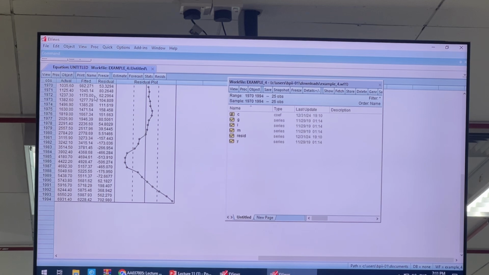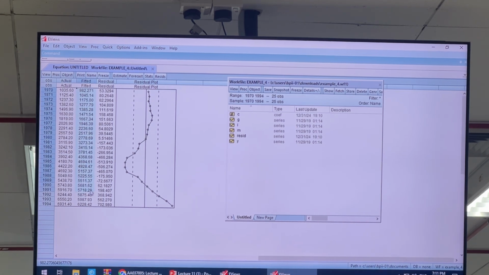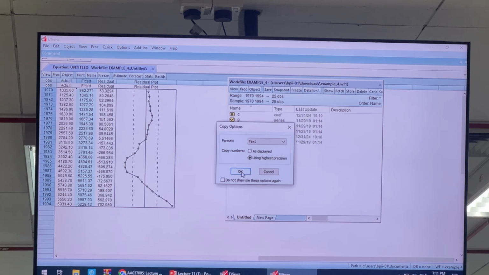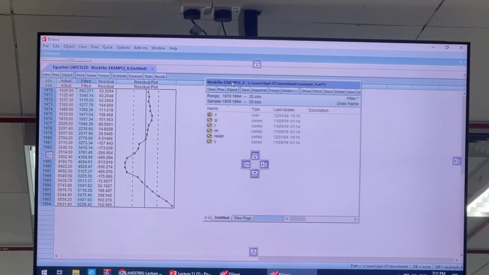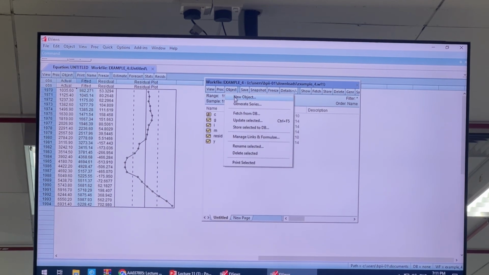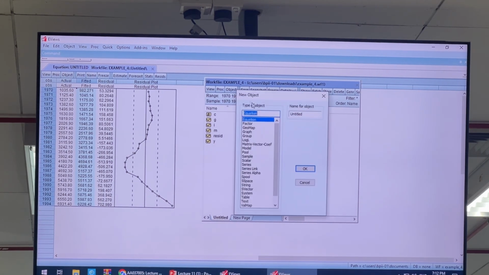Okay, so these are our fitted values. You need to copy these fitted values, and then create a new object, a new series. Let's say you name it y hat; it's up to you, whatever name you want to use.